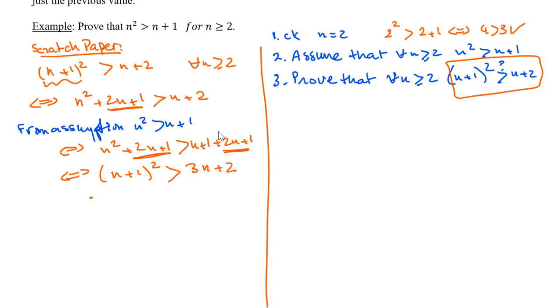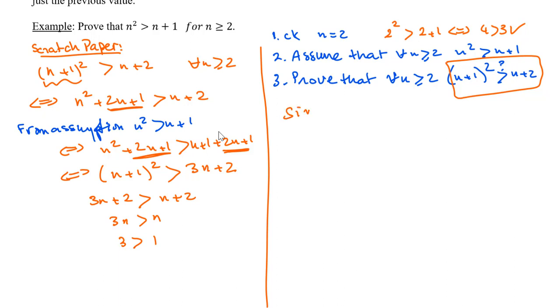Well, we know that 3n plus 2 is greater than n plus 2, right? Because 3n is greater than n, basically, or even because 3 is greater than 1. And then we could use this argument, even starting with 3 greater than 1.